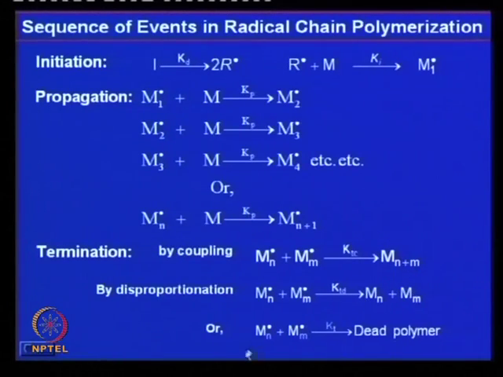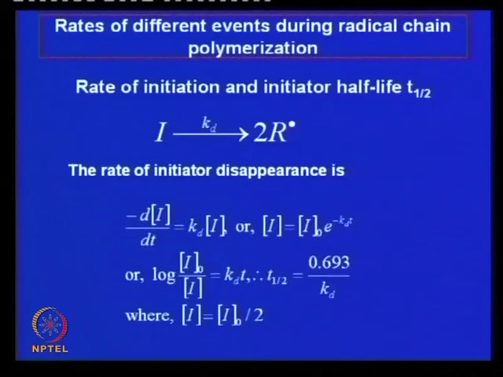Overall, if we consider the termination involving two growing chain free radicals, we call it a dead polymer molecule. So, this termination step is a death activity, a killing activity of the propagating polymer free radical chains.